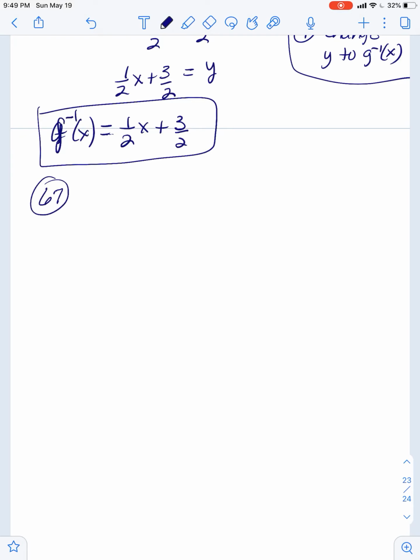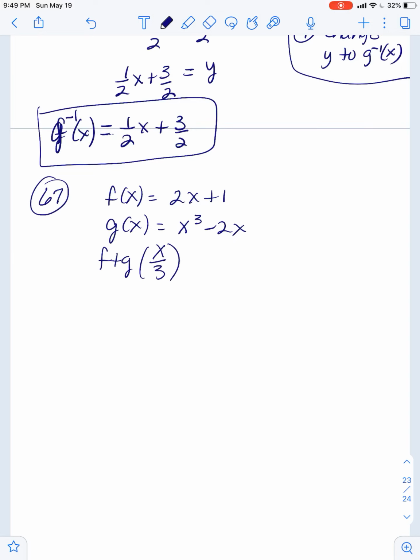So 67, it says f of x, g of x, and it wants you to do f plus g of x over 3. Okay? So first what they're telling us to do is take f and g and add it together.